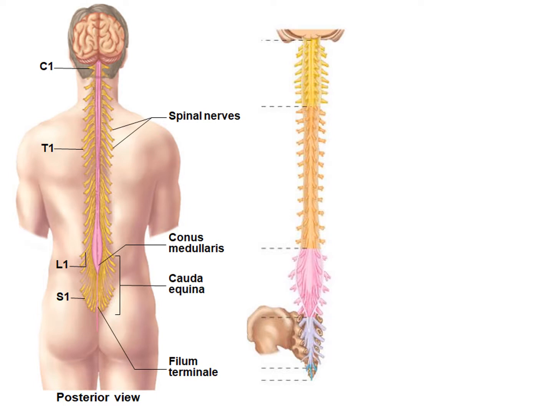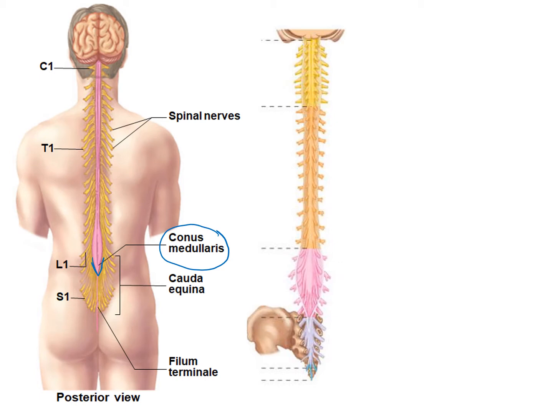Let's take a look at the length of the spinal cord. If you look at the image on the left, the spinal cord is shown in pink, and you can see that the inferior end of the spinal cord is cone-shaped, and this inferior cone-shaped end of the spinal cord is known as the conus medullaris.